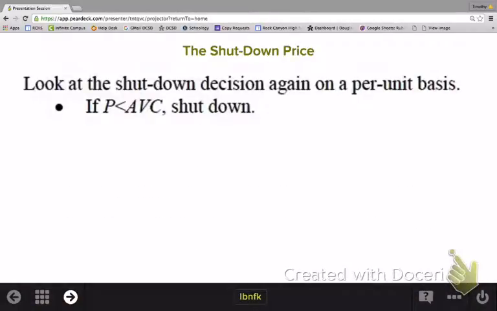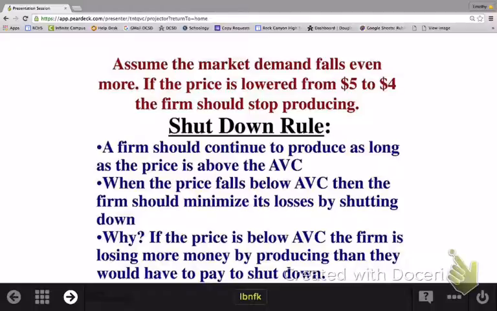So let's look at the shutdown decision again on a per unit basis. If price is less than average variable cost, then we should shut down. So assume the market demand falls even more. If the price is lowered from $5 to $4, the firm should stop producing.